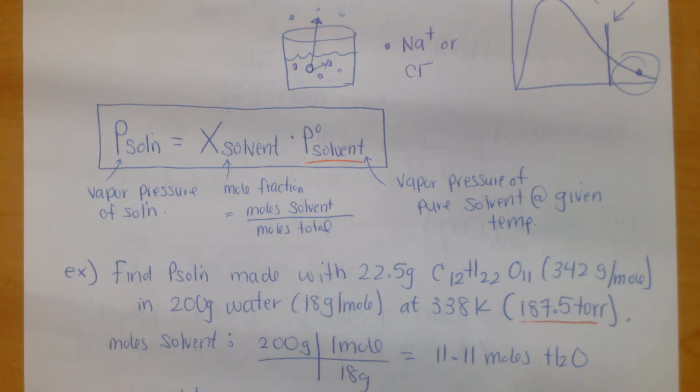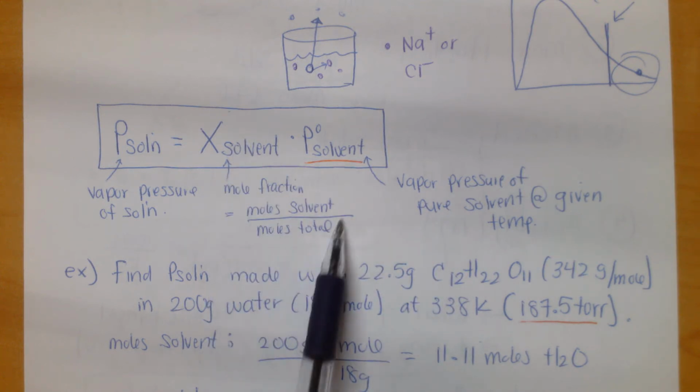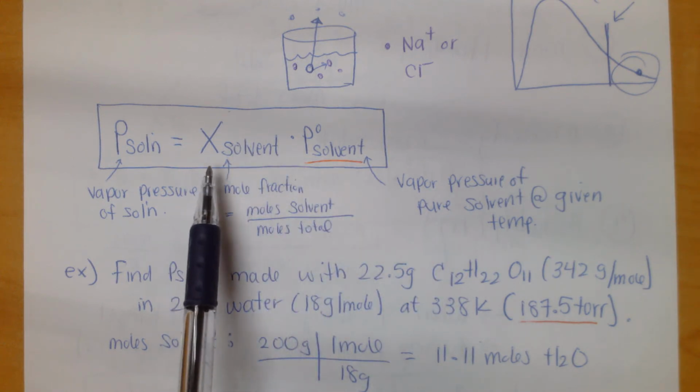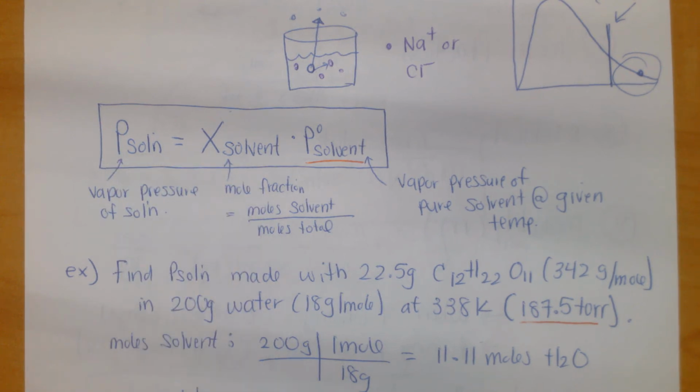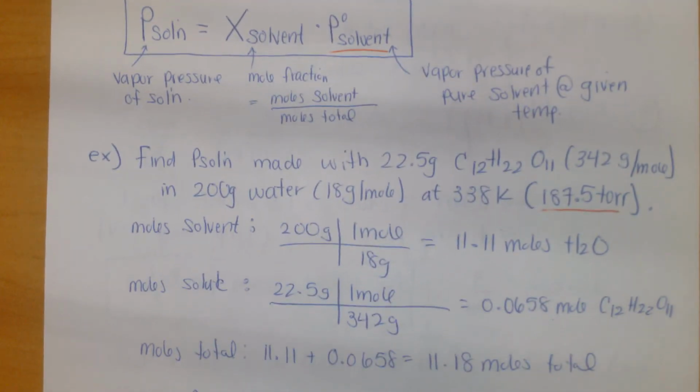So if you put a lot of solute particles in, you're going to have a much smaller fraction of the solvent, and it's going to reduce your vapor pressure quite a bit. Okay, so let's take a look at an example.